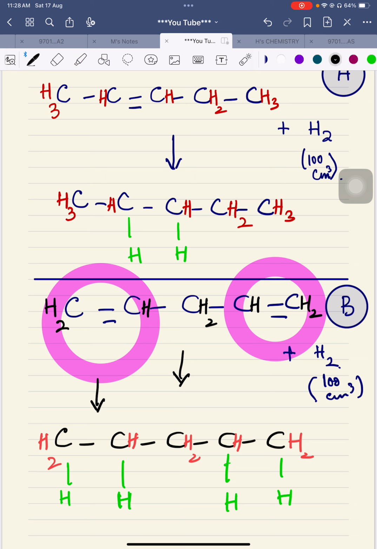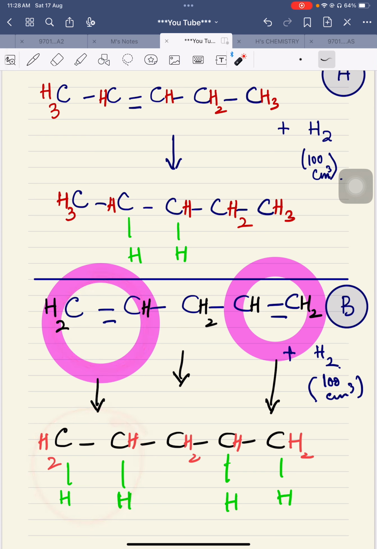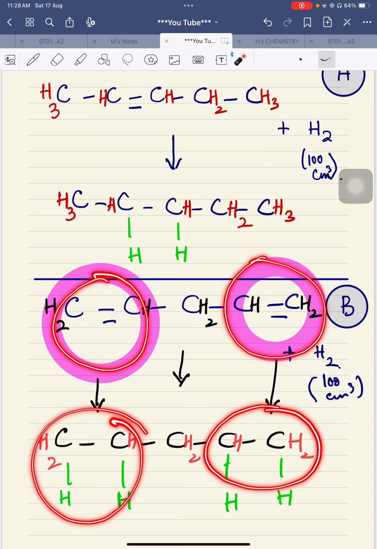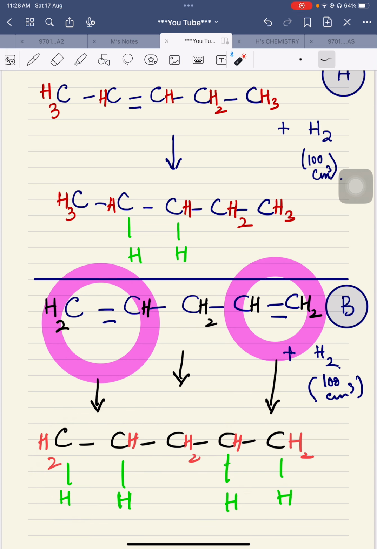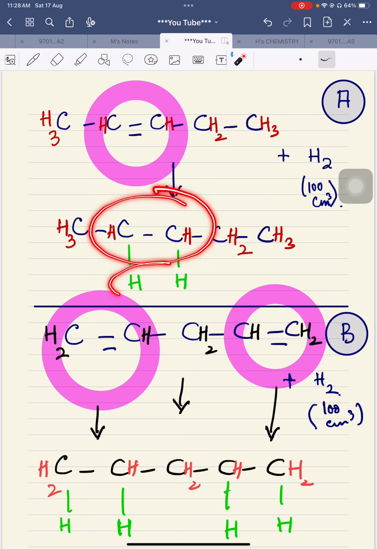I am mentioning that over here as well. You can check that this has a double covalent bond shifting into the single covalent bond and the two hydrogen atoms as well. This has a double covalent bond shifting into the single covalent bond and has the new hydrogens as well. This had the double covalent bond and finally it is going to shift itself into the single covalent bond, and as a result the two hydrogen atoms are being attached with the same two carbon atoms which have the double covalent bond.